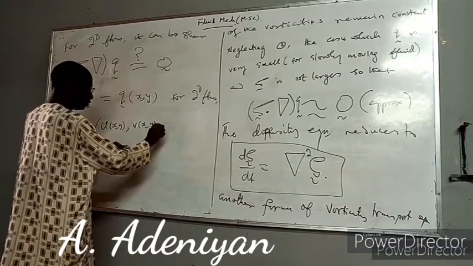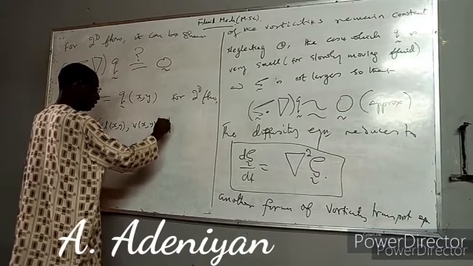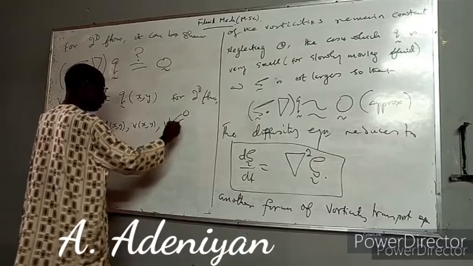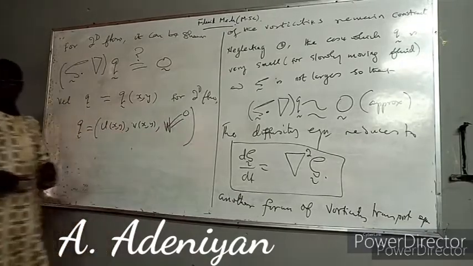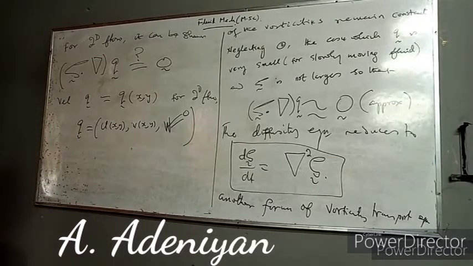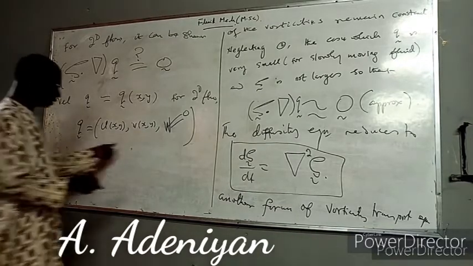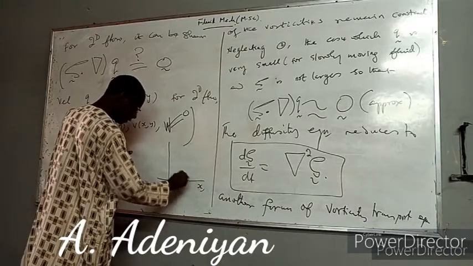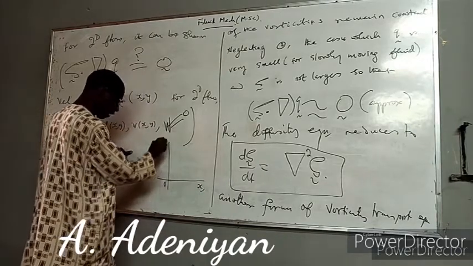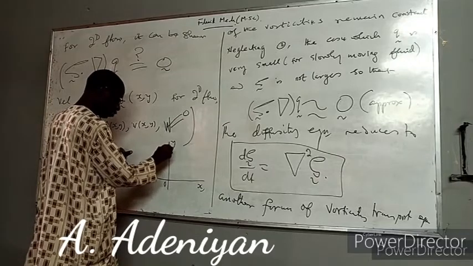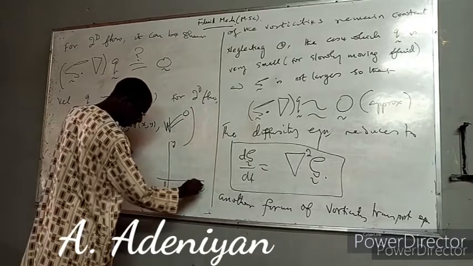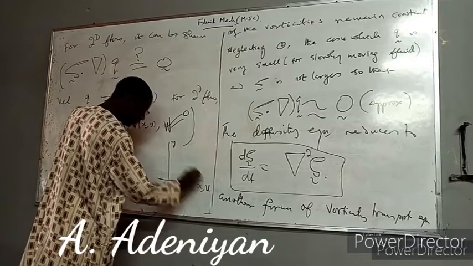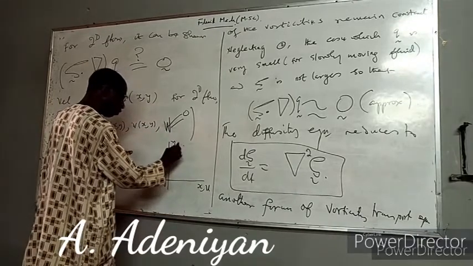But let us say that w is 0 for 2D flow. Because in two-dimensional flow, say this is x and this is y, the velocity component along the x axis is u, and the velocity component along the y axis is v.